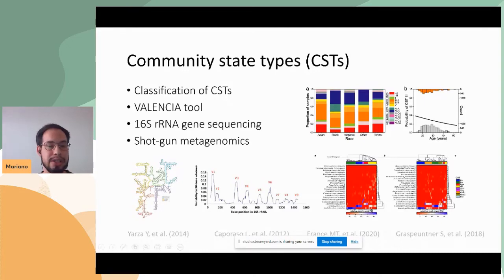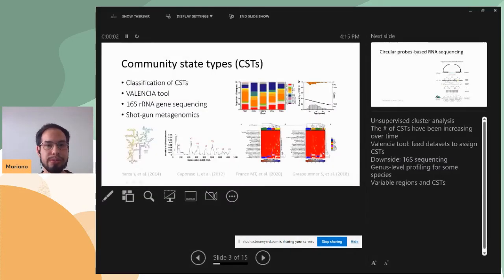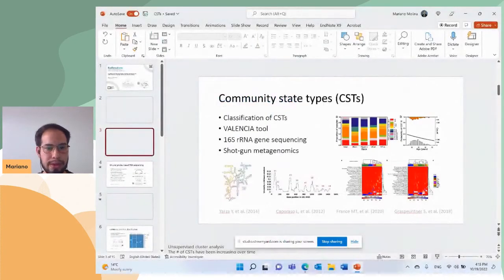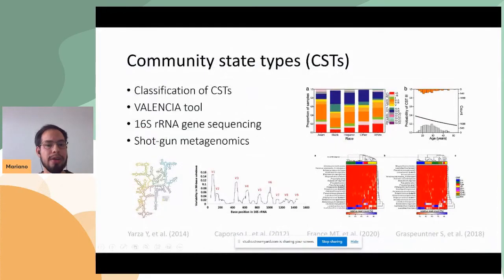For instance, here, with the use of different variable regions from the 16S gene, if we use variable regions 1 and 2 for microbiome profiling, we get a different CST assignment than when we use variable regions 3 and 4.